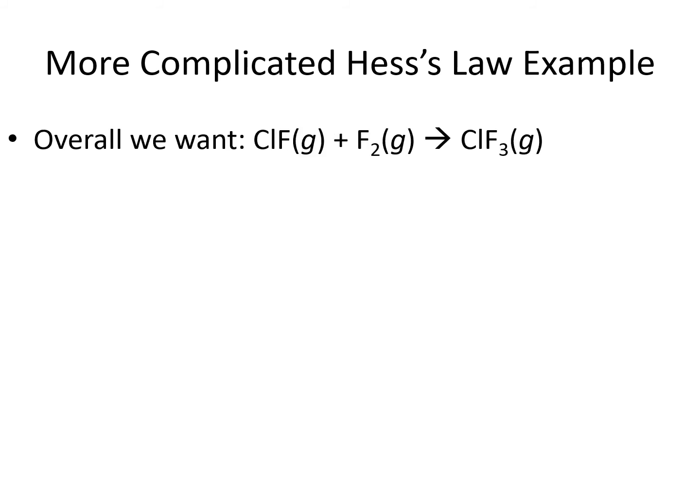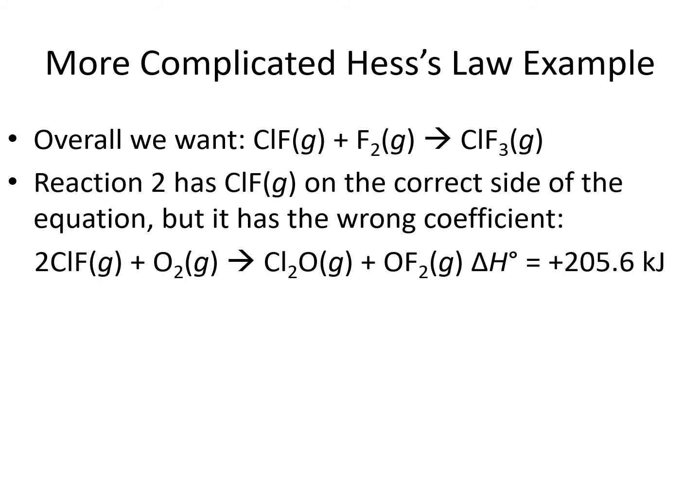So we have our overall equation that we're trying to build. If we want to start with our first substance in our reaction, that's going to be the ClF. And we find that in reaction 2, the second stepwise equation that we were given. So the ClF in reaction number 2 is on the correct side of the equation.